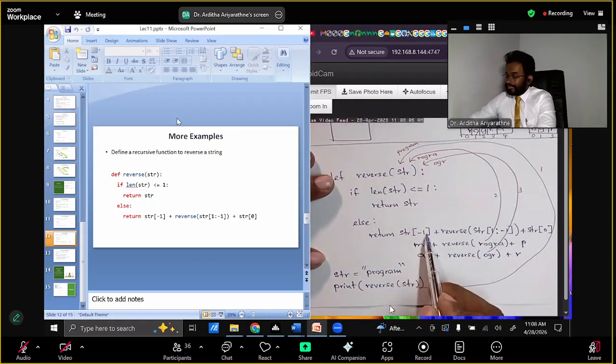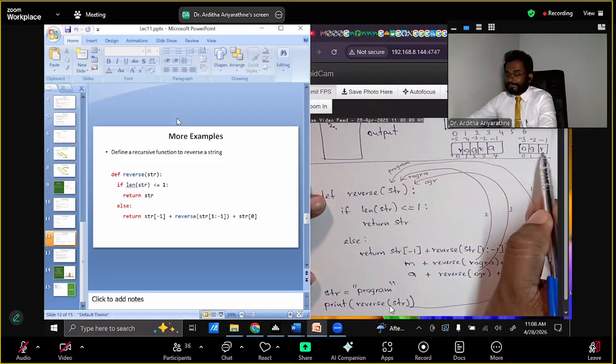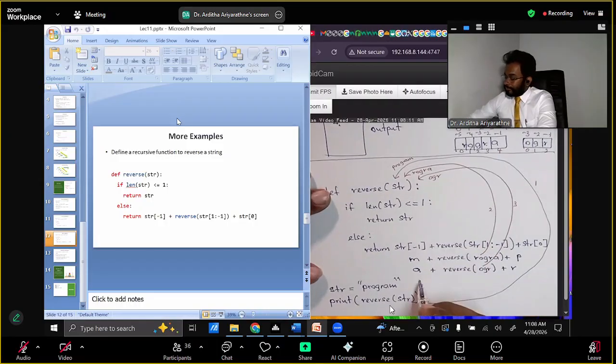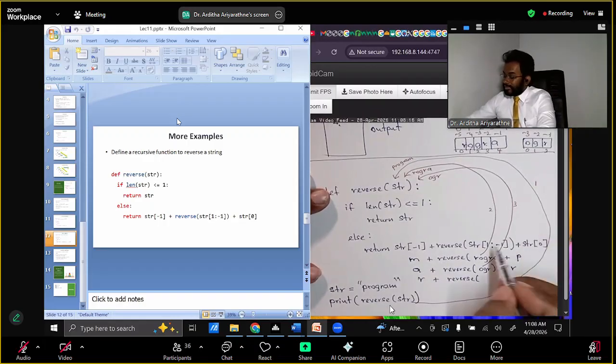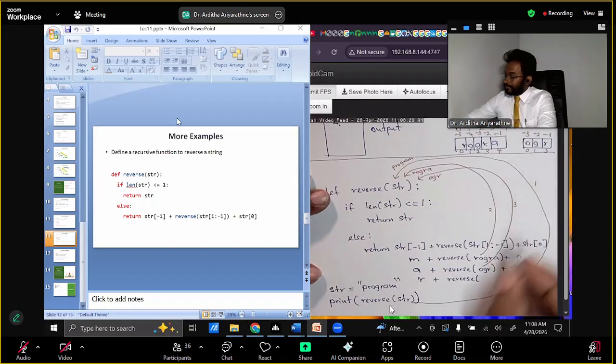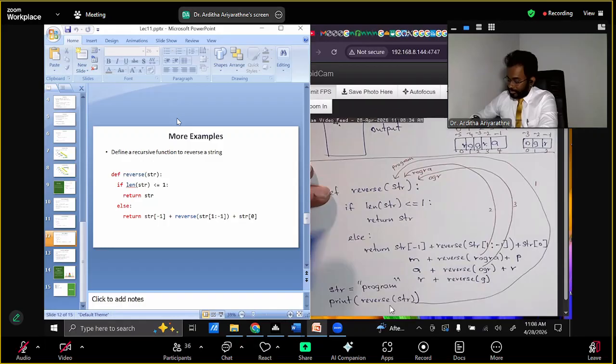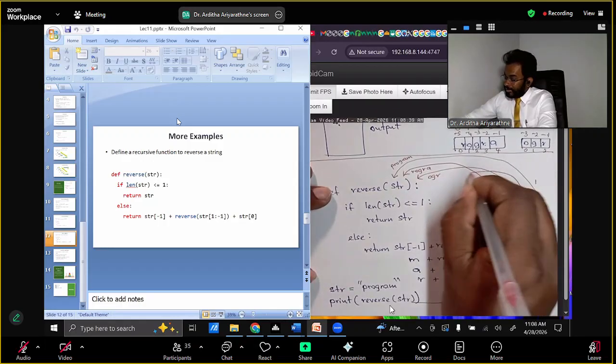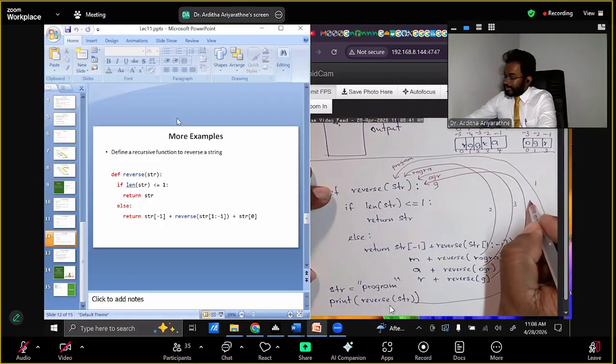str[-1], it's R. Minus 1 means R. Plus we are calling the same function starting from 1 up to minus 1. 1 means G. Up to minus 1 means there is nothing else to go, only G. Right, only G. So we are calling the function again with G. That is our fourth round.